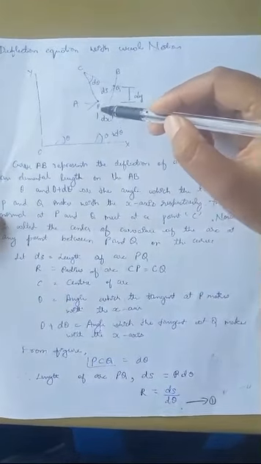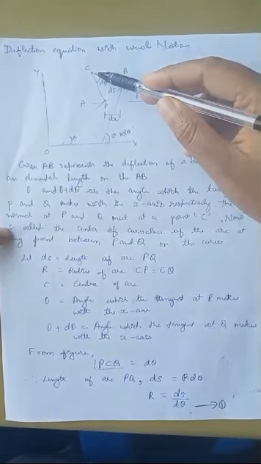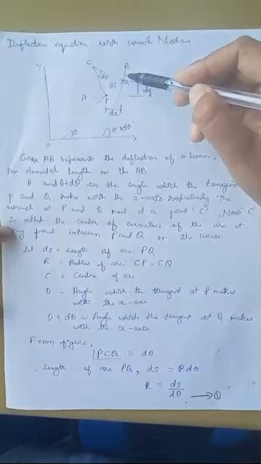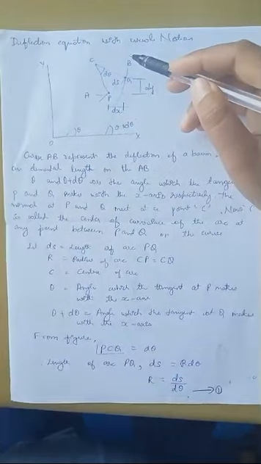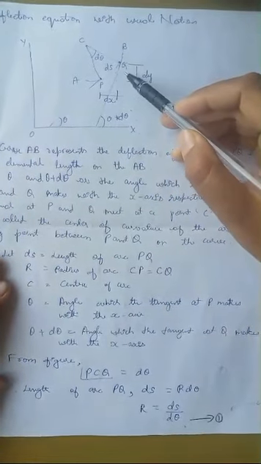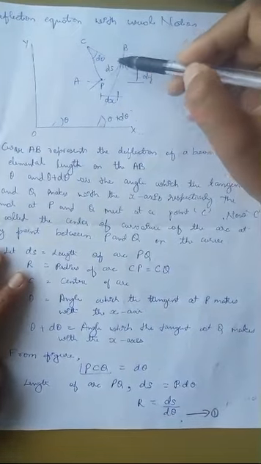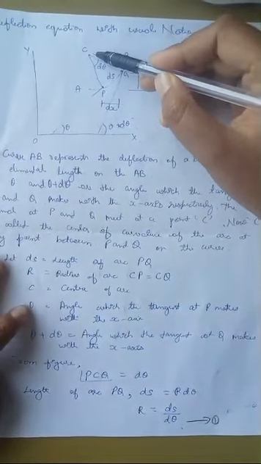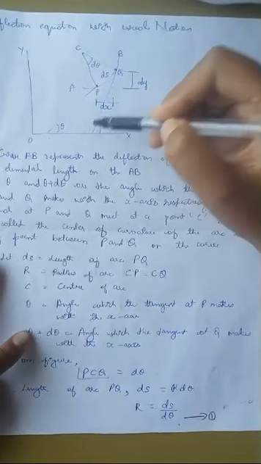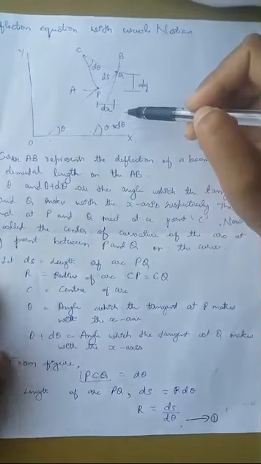The normals at P and Q will meet at point C. Now C is called the center of curvature of the arc at any point between P and Q. Let ds be the length of arc PQ, r the radius of arc CP or CQ, so C is the center of the arc, theta is the angle the tangent at P makes with the x-axis, and theta plus d theta is the angle the tangent at Q makes with the x-axis.